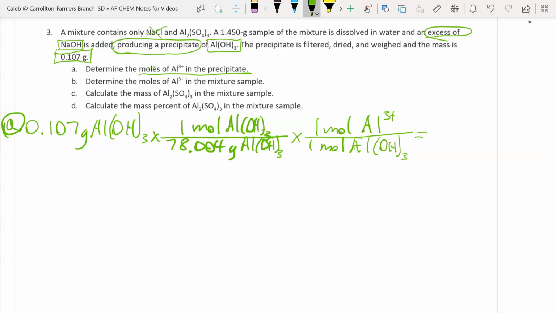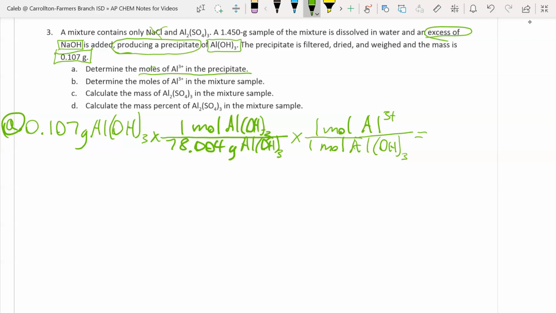So really, 0.107 divided by 78.004 is essentially what we were doing. You could do that times 1 over 78.004 times 1 over 1 if you wanted to.